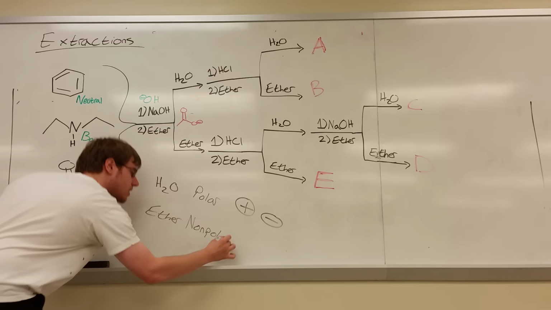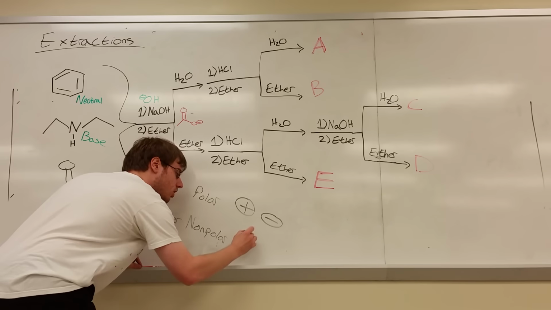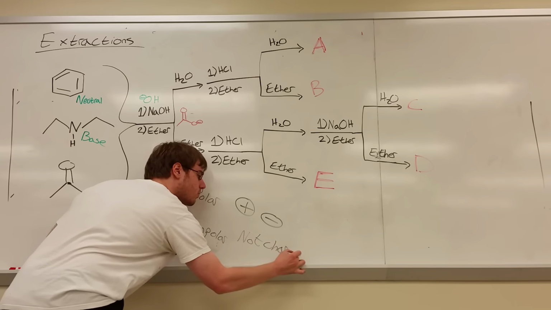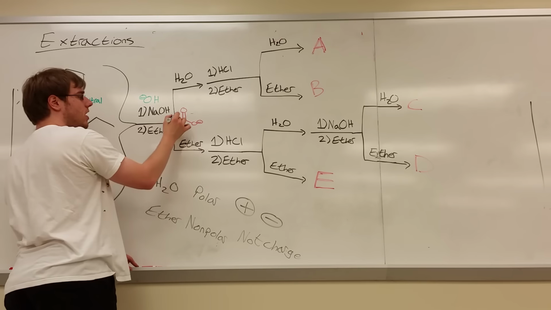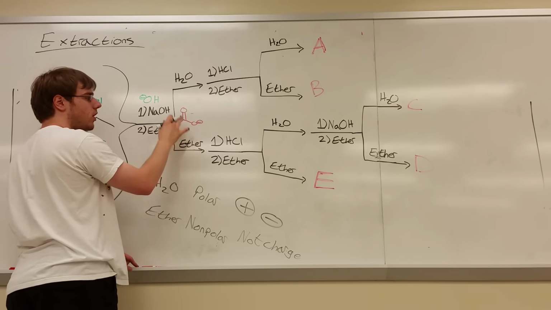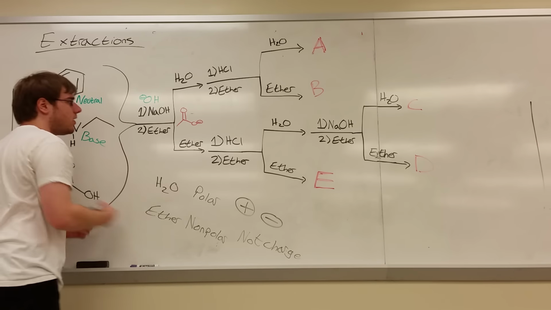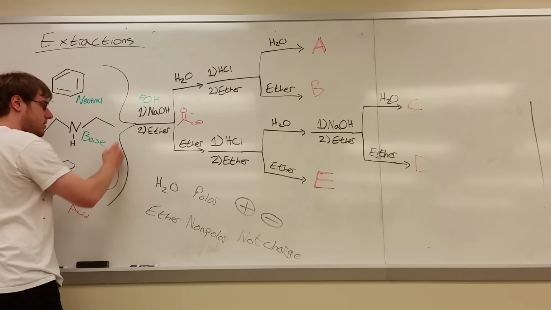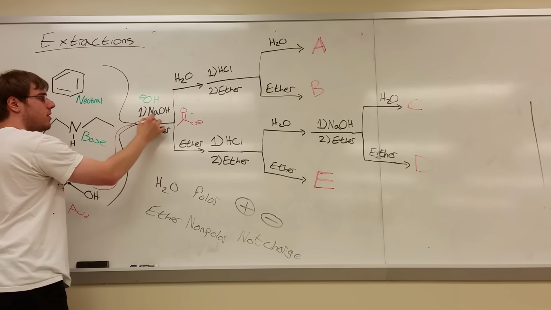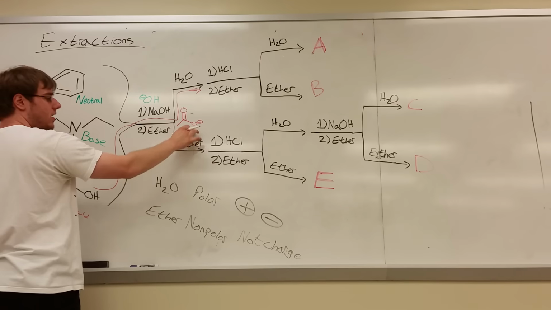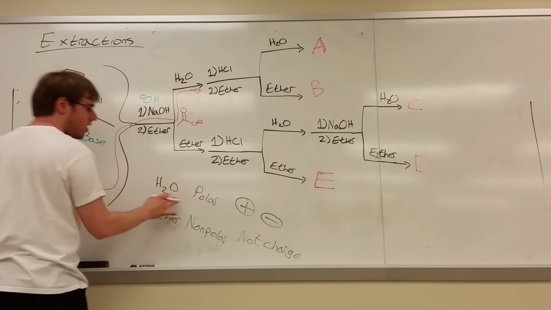It likes things that are not charged. So if you get to a point here at the diverging arrows where your structure is neutral or uncharged, it dissolves in the ether. Well, based on what we figured out, since carboxylic acid is an acid and it gets deprotonated by a good base, it's going to go down the water route, because here it's O minus, and plus or minus dissolve in water.